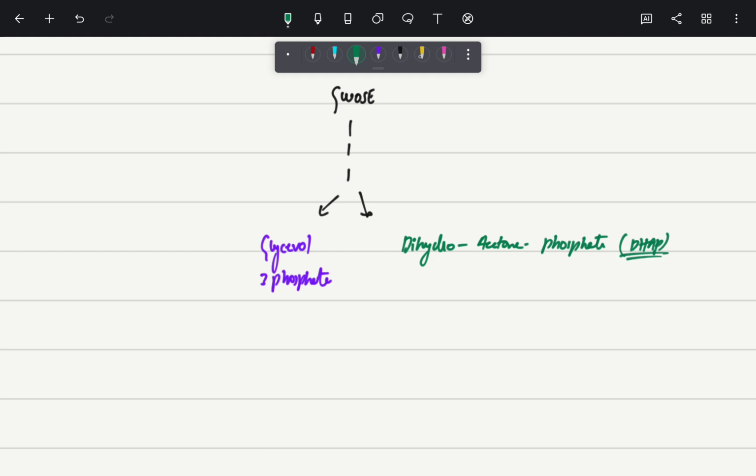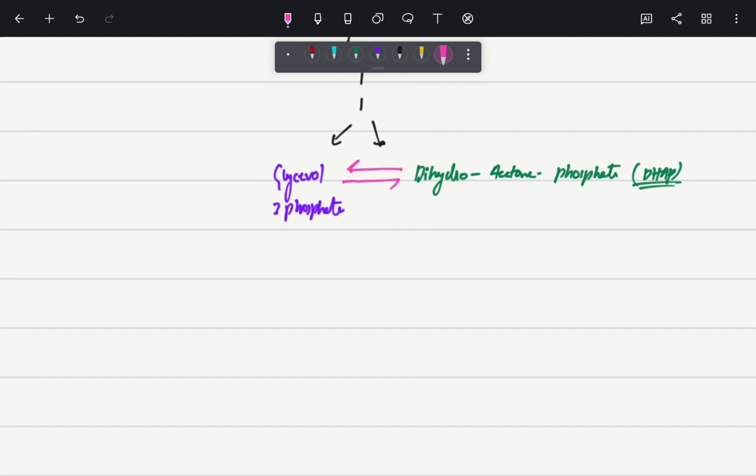These are interchangeable. Dihydroxyacetone phosphate can be converted into glycerol 3-phosphate, and similarly glycerol 3-phosphate can be converted into dihydroxyacetone phosphate.